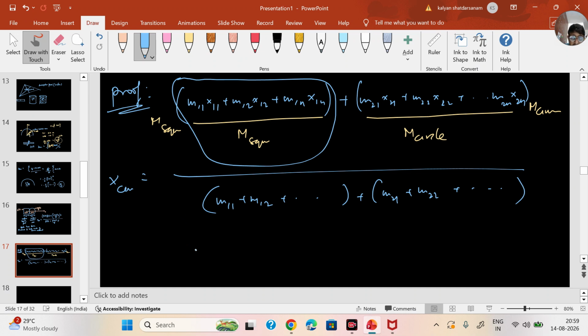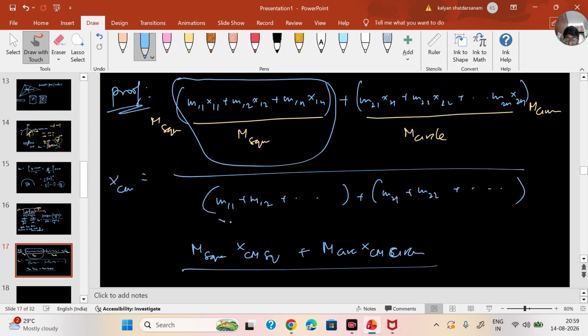So ultimately what you are getting is the mass of the square plate into the x coordinate of the center of mass of the square plate. That means you are treating the square plate as a particle at its center of mass with the same mass. Similarly, the mass of the circular plate into the center of mass of the circular plate, divided by the mass of the square plate plus the mass of the circular plate.